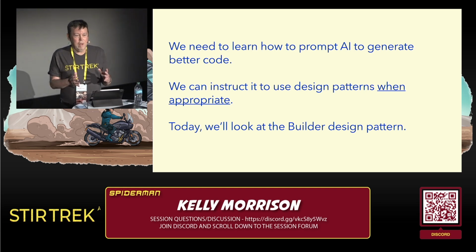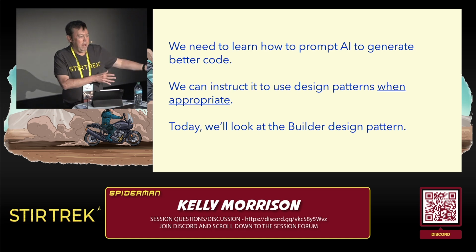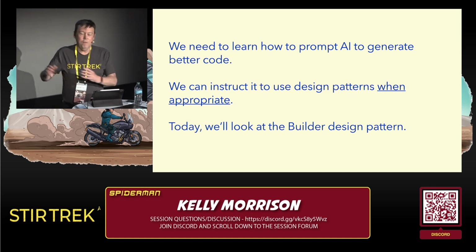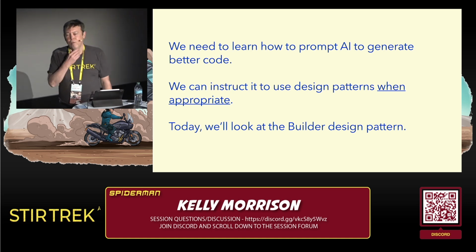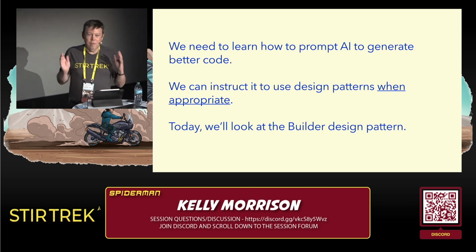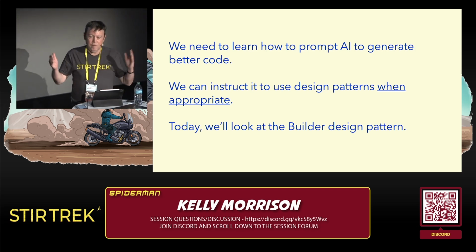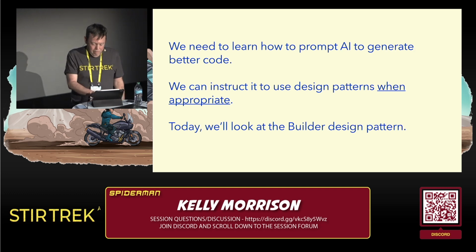So the most common ones will usually be average code. It won't give you bad stuff like student projects, but it also won't give you the really good stuff, the kind where you just sit back and think, yeah, that's really nice code. So it just gives us mediocre code, and as it trains on the code that it generates, it's going to get more and more mediocre. So we need to learn how to prompt it to give us better code.